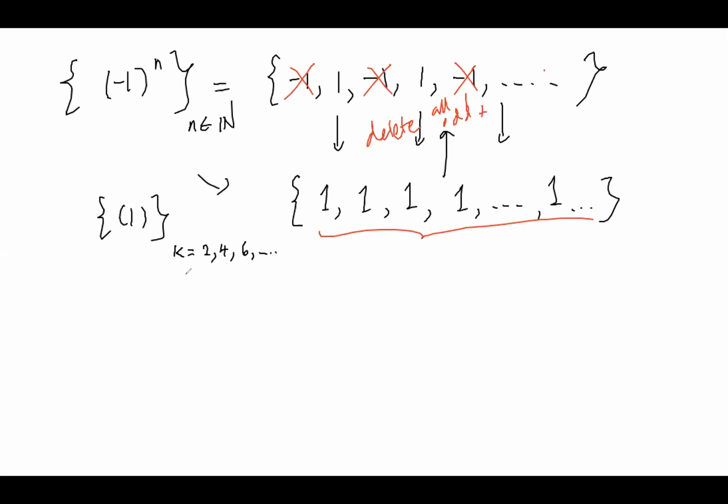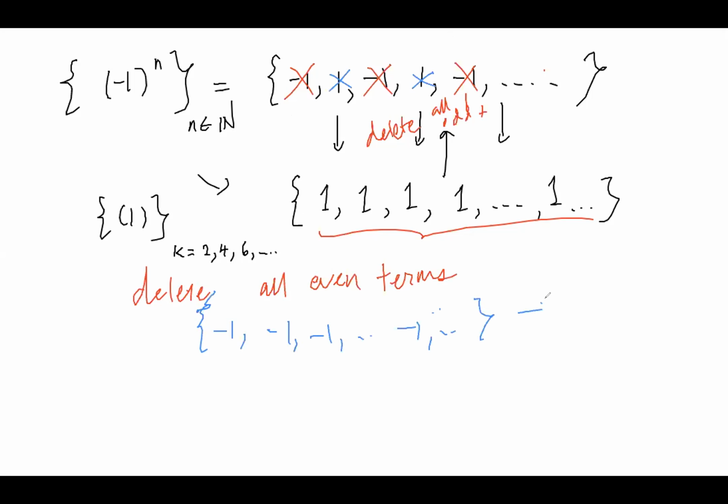Another example is to delete all even terms. Then your subsequence will be -1, -1, -1, so it already converges to -1. This one converges to 1.